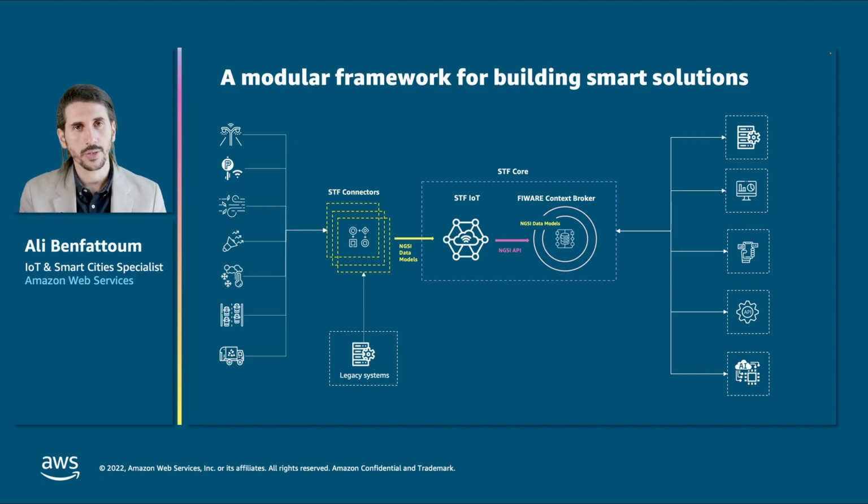Your data consumers are decoupled from your data producers, so you can build independently each of your data consumers, whether it is a mobile app, a high-level API, or a dashboard, because the information model is standardized and known in advance. And it is the same for the data producers. The only process needed to integrate a new source of data is to transform the source data format into the data model relevant to the use case before sending the data to the STF IoT module.